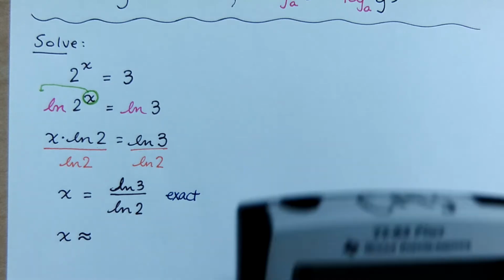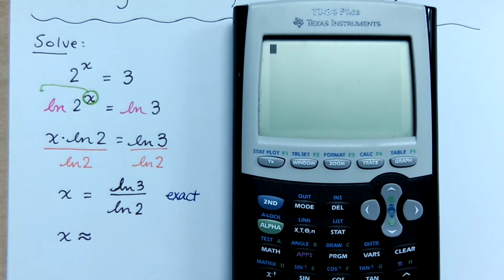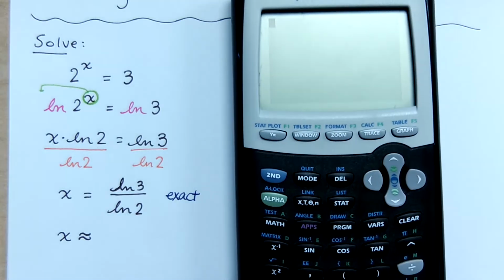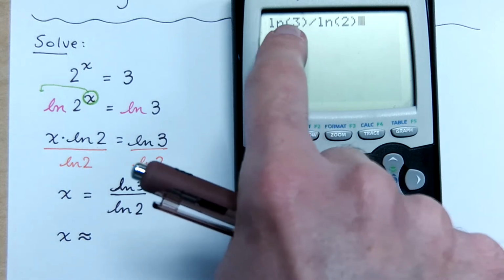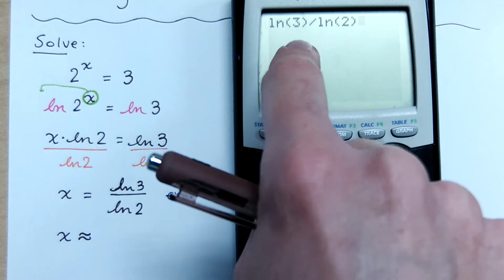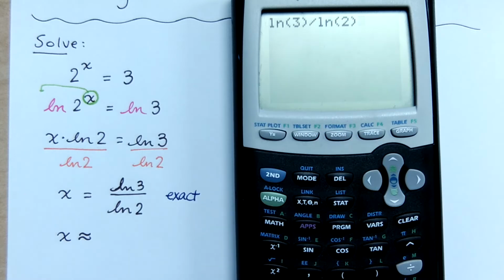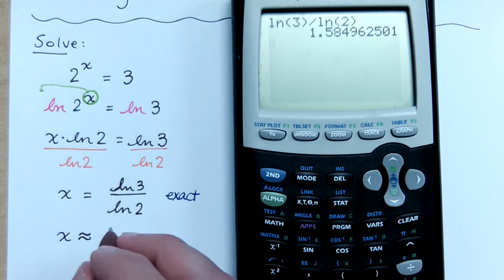So I'm going to go to my calculator, and be very careful about what I type in here. So I'm going to do natural log of 3. As we talked about before, you have to close off your parentheses, then divided by the natural log of 2. Most of the mistakes that students will make when it comes to these problems is they don't close off the parentheses correctly. So I'd hit enter, and I come up with 1.585.